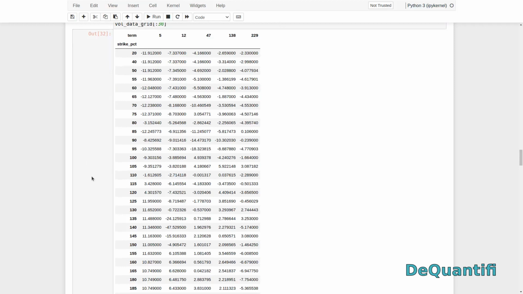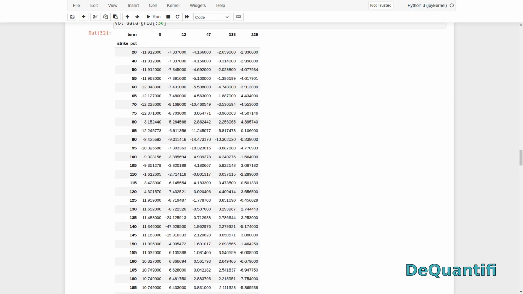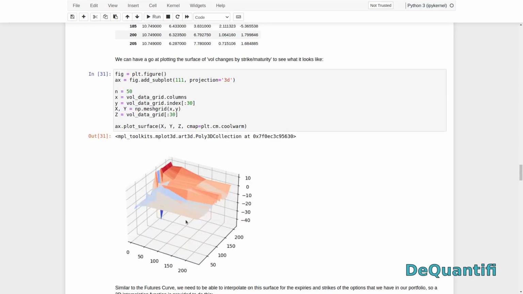Now, volatility is a little bit more complicated because not only do we need to deal with the time to expiry, we also have to deal with the strike, which we handle as a percentage spot figure. Here we can see the change in volatility surface for the Bitcoin vol for a single scenario.